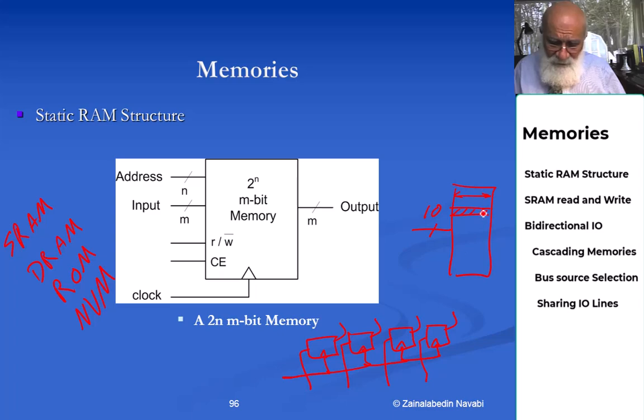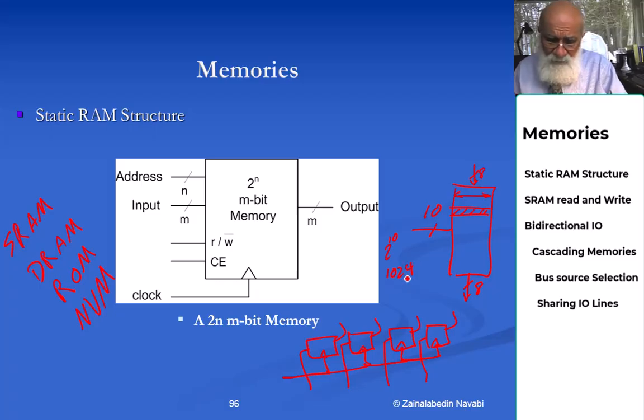So if, for example, I have 10 lines of address, 8 lines of output, meaning that the entries in the memory are each 8 bits, then we also have 8 bits of input, meaning that you can write 8 bits into the memory, and then having the address bus length of 10 bits means you have 2 to the 10 various locations that you can address, which is 1024.